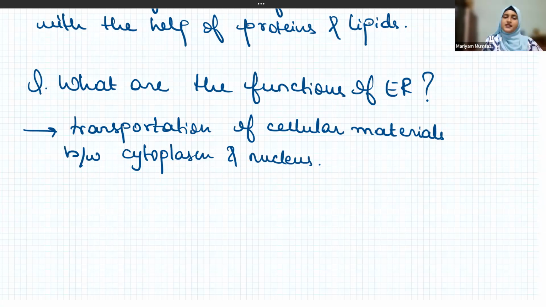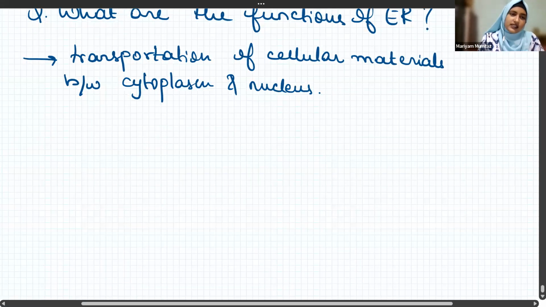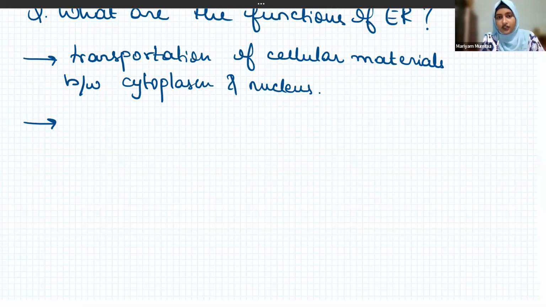So it helps in transportation of the cellular materials. And where does this transportation take place? Between the cytoplasm and the nucleus. Clear? Now, since the endoplasmic reticulum is a network-like structure, it also provides a structural framework to the cell.